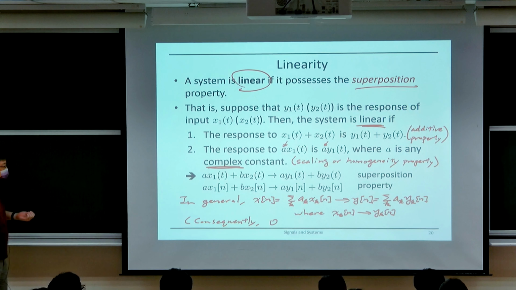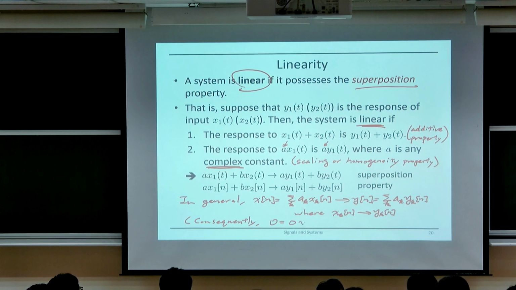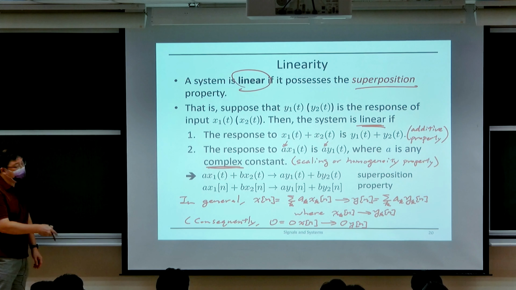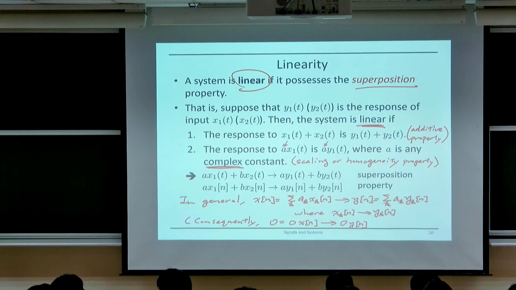The answer is yes, because when you look at this constant 0, you can view it as 0 times some input x[n]. By the superposition property, the output must be the same 0 times the corresponding output of x[n], which we denote by y[n], and this is 0.